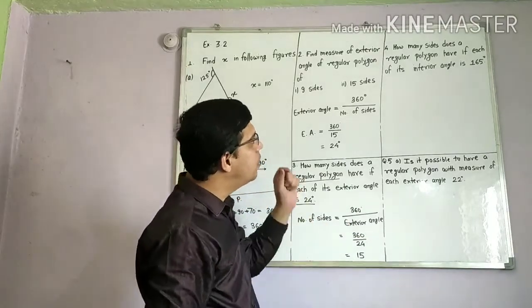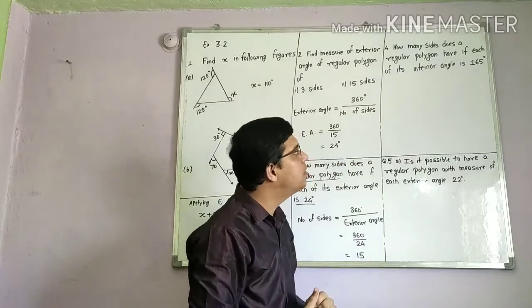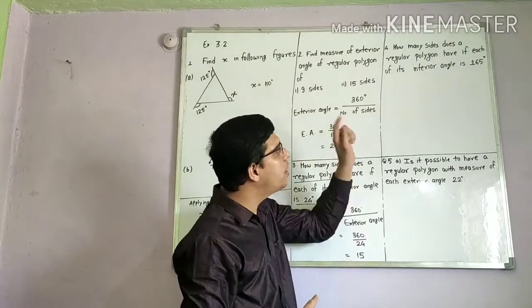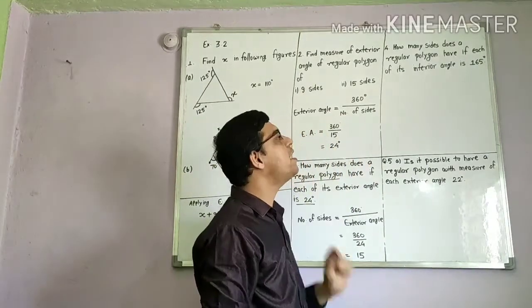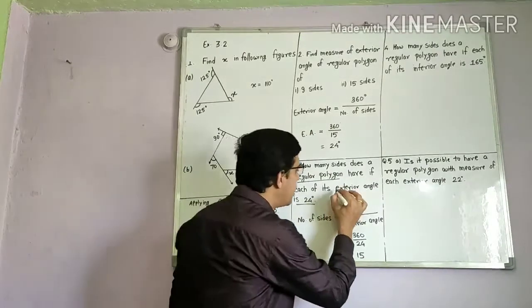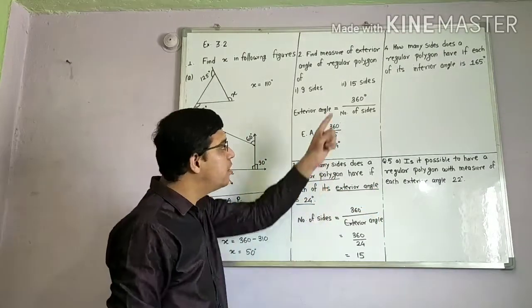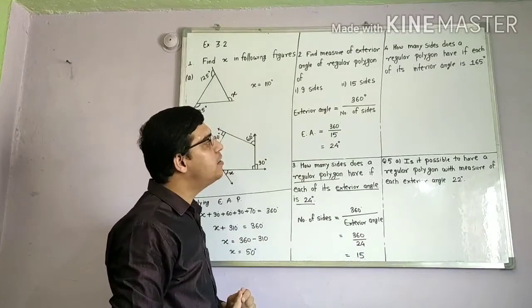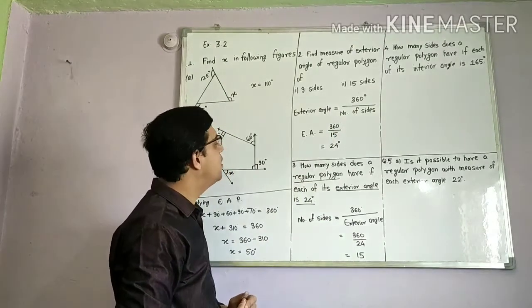Next question. How many sides does a regular polygon have if each of its interior angles is 165? Earlier exterior angle was given, here interior angle is 165 degree.